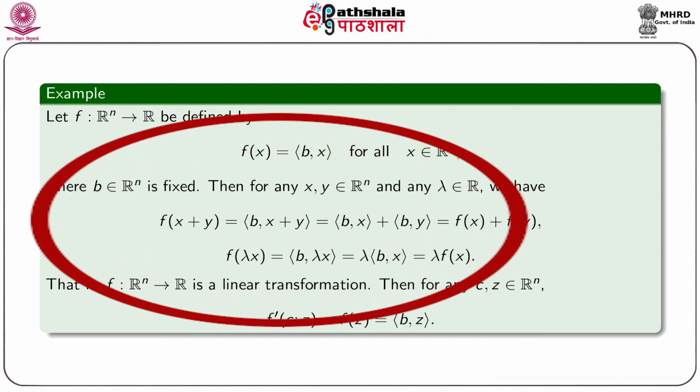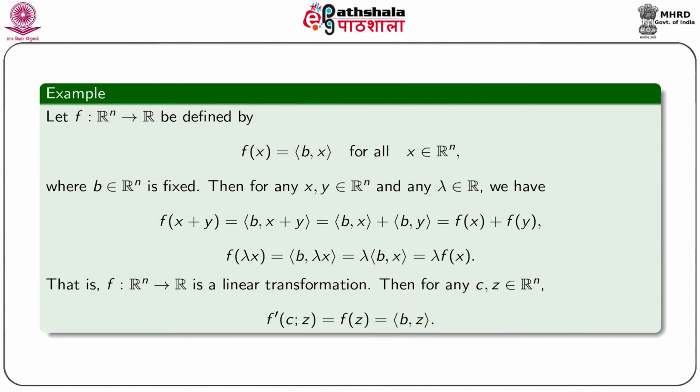So, f(x + y) equals inner product (b, x + y). Now, using the additive property of inner product, it is nothing but f(x) + f(y), and f(lambda x) equals inner product (b, lambda x). Using homogeneity, it is lambda times f(x). So, f is a linear transformation defined on R^n. Then for any c and z in R^n, we can write f'(c, z) equals f(z), and it is nothing but inner product (b, z).